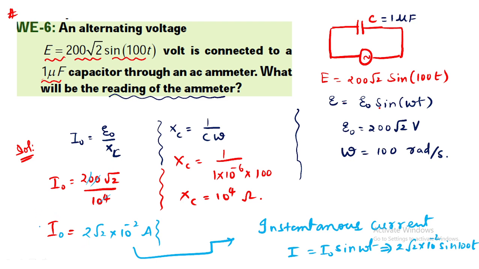What is this, buddy? Maximum current. Listen, you understood how to find the maximum current? This is the maximum current. This is the instantaneous current.